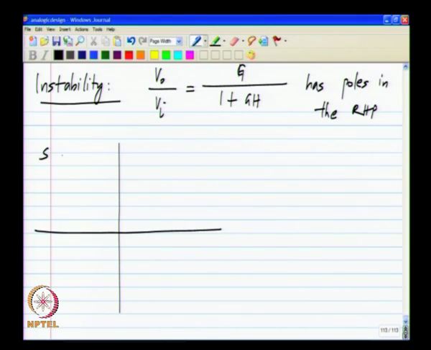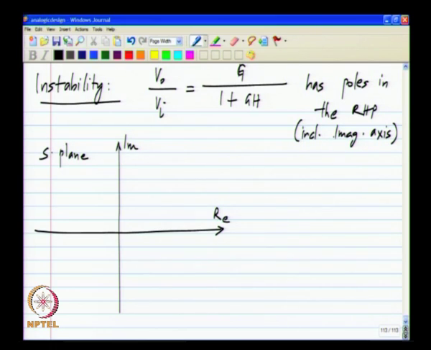So, if this is the S plane, instability means there are some poles in this half of the plane, okay, in the right half plane. Or on the imaginary axis. Okay. So, this includes the imaginary axis.